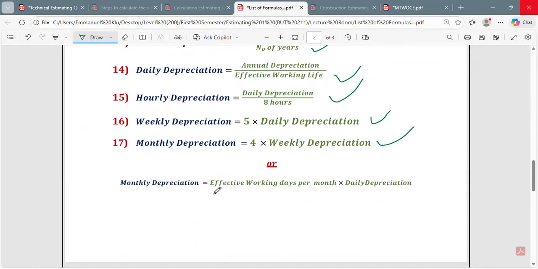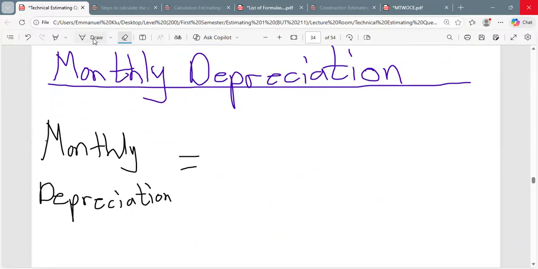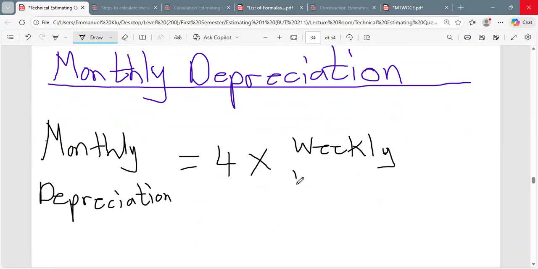So let's just use the first approach, that is, 4 times weekly depreciation.